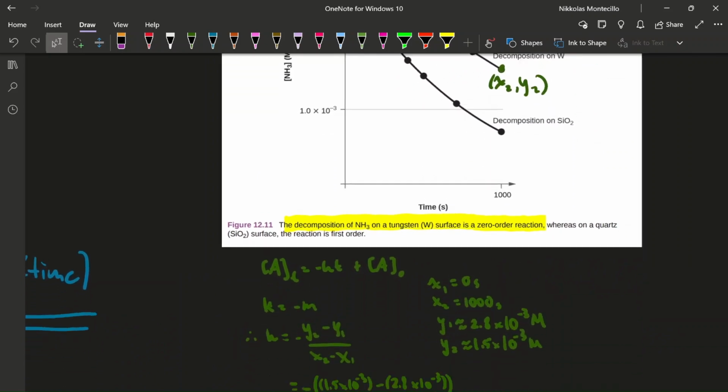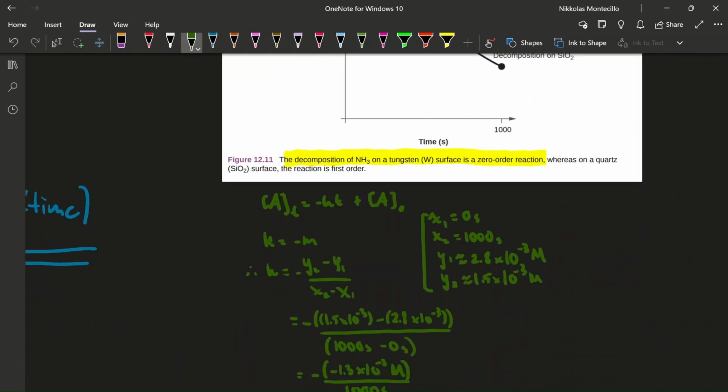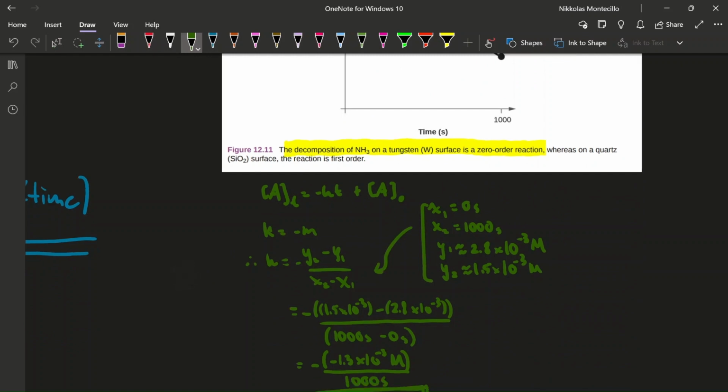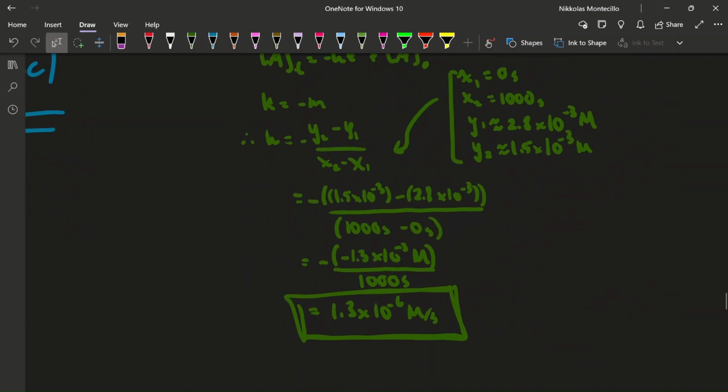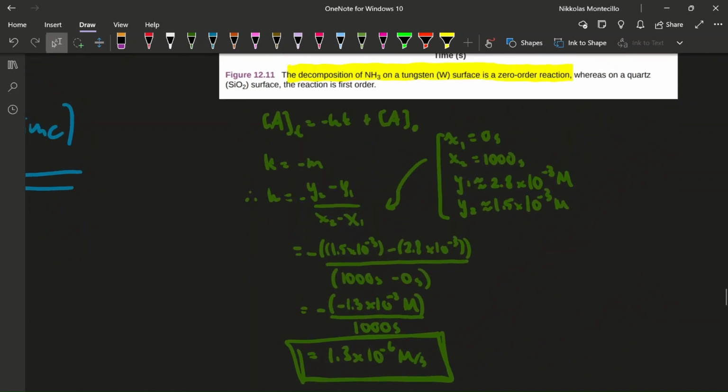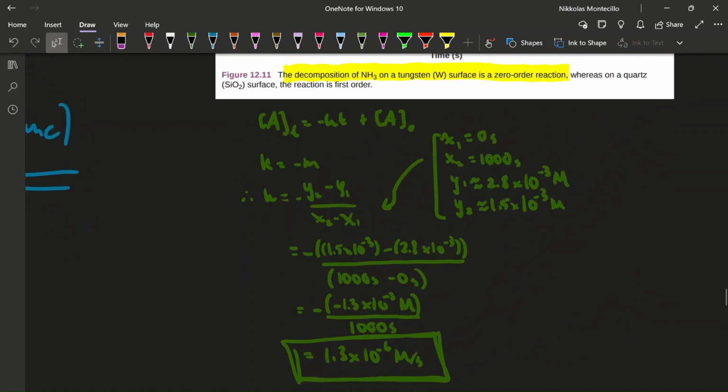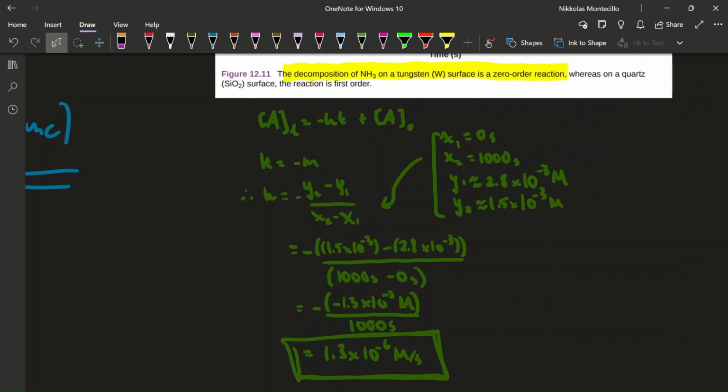So once you plug in the values here, the final answer comes to 1.3 times 10 to the negative 6 molar concentration per second. So the rate constant has units of molar concentration per second, right? Because this is a zero order reaction.